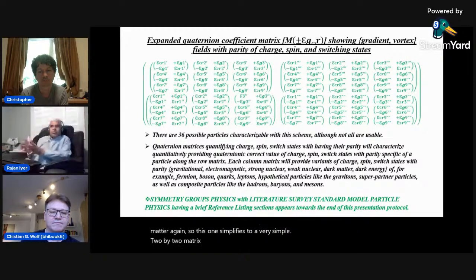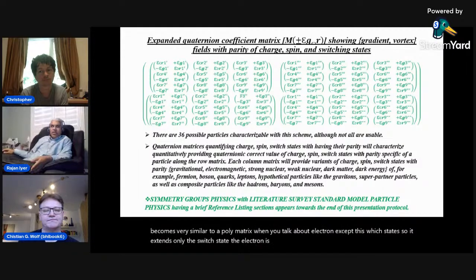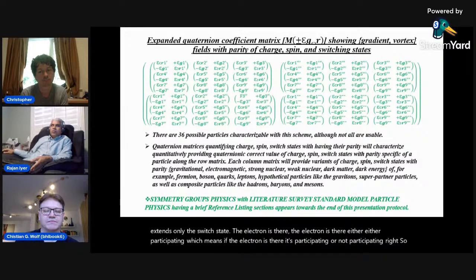It collapses to a 2x2 matrix like the Pauli matrix. Now, I am expecting that it becomes very similar to a Pauli matrix when you talk about electron, except the switch states. So it extends only the switch state. The electron is there, either participating or not participating, right? So then it has a value.